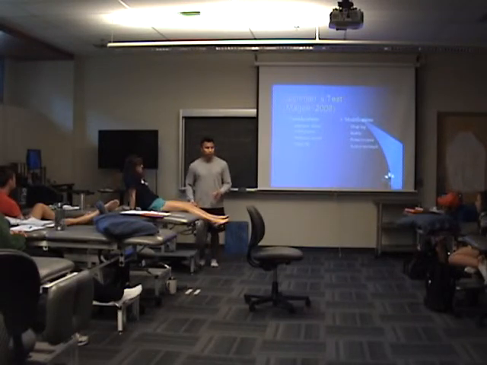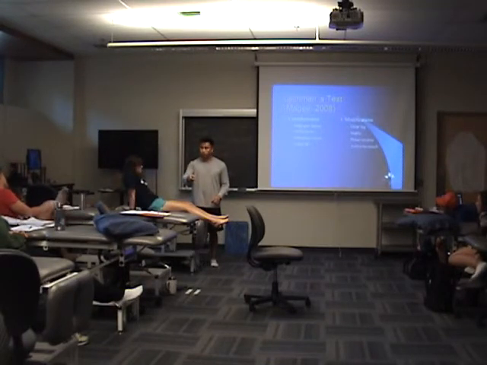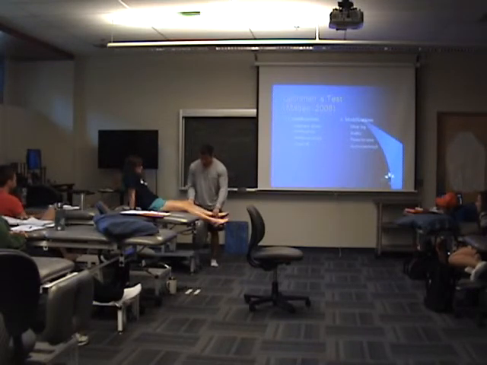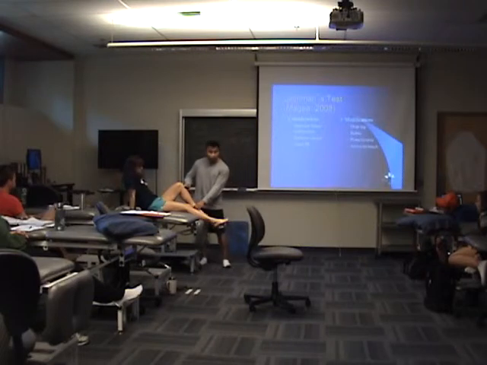What do you think will happen? First of all, if you want to test PCL, what muscle would you have to contract and what would you see? Hamstrings? What would you see? Posterior translation. You'll see an accentuated sulcus sign. So if I go like this, and I say hold that position, and that actually sinks in, which it will.